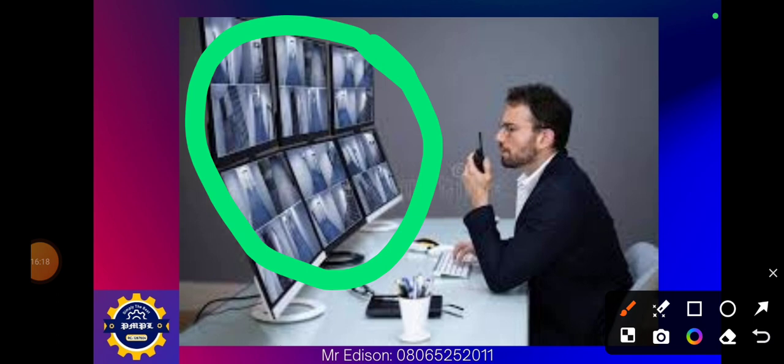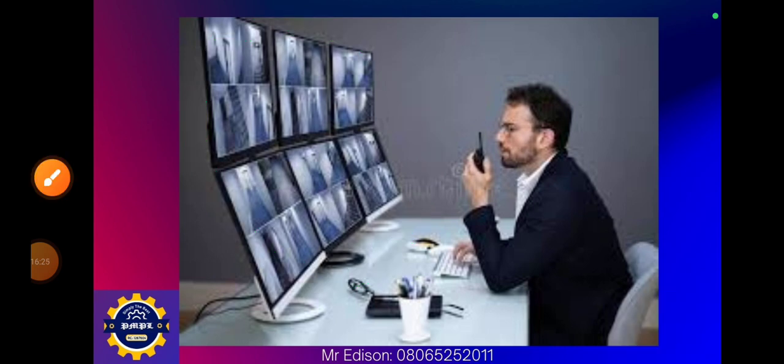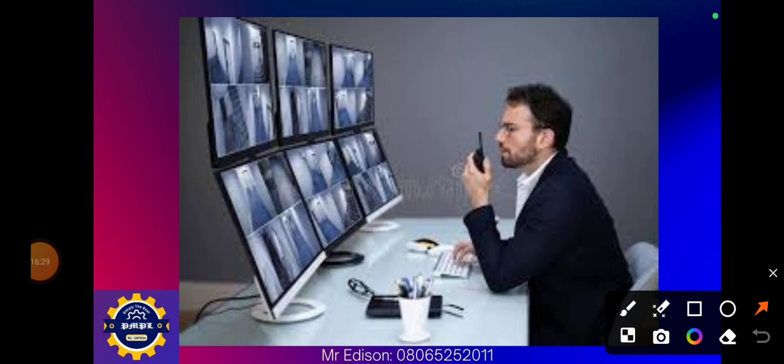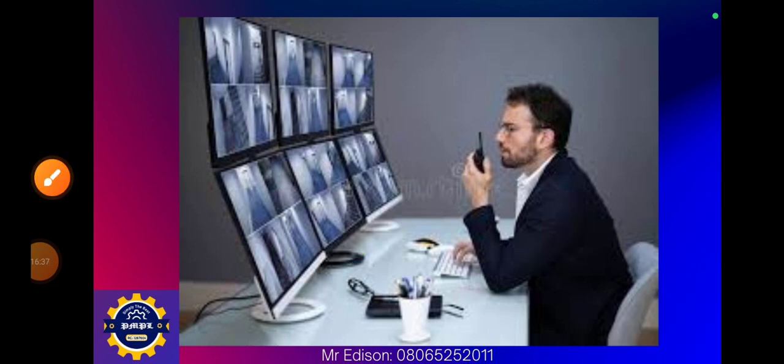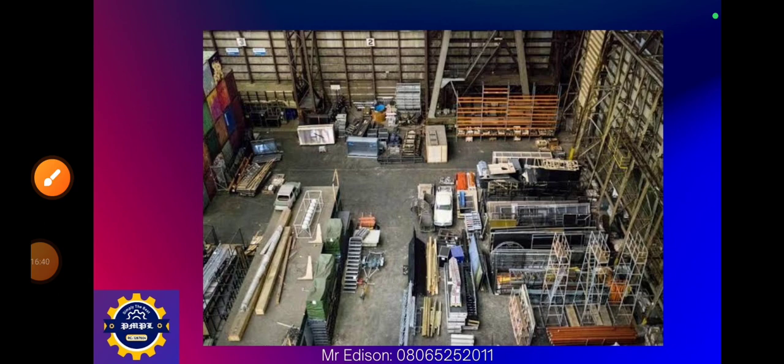There are 1, 2, 3, 4, 5, 6 screens. So when he senses anything, he will communicate to the other guys: this is what is going on. Can you check so and so place? That's it for the application of CCTV.